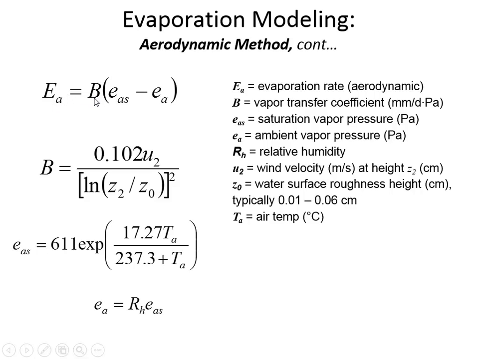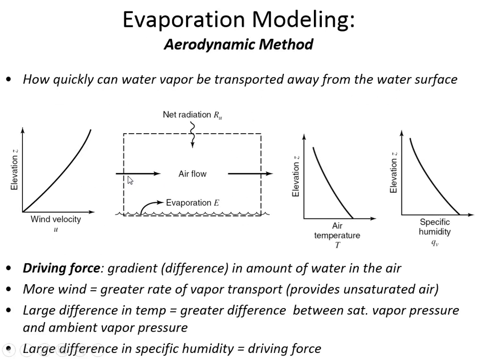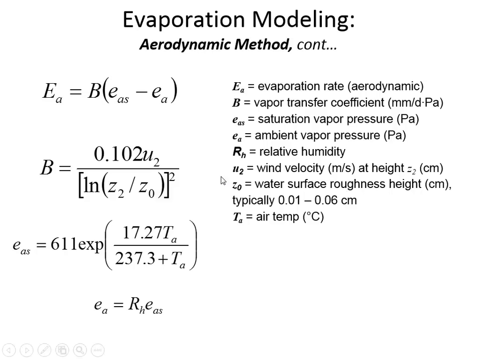For us to calculate that constant B, we have to know the wind speed. So U is a function of wind speed, and it's measured not at the surface, because remember, at the surface the wind speed is zero. The velocity of the wind is measured some distance up off the water surface.